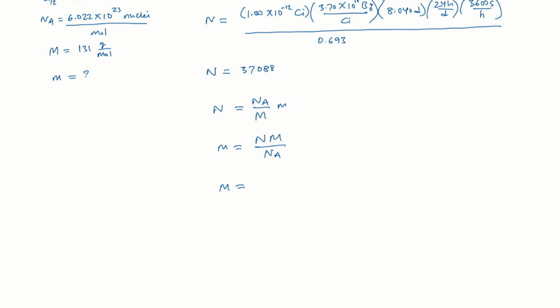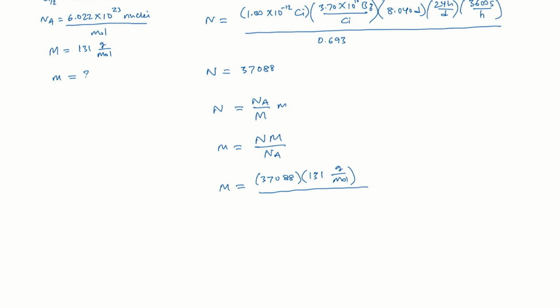So we have number of nuclei is 37,088 times the 131 grams per mole. Okay.